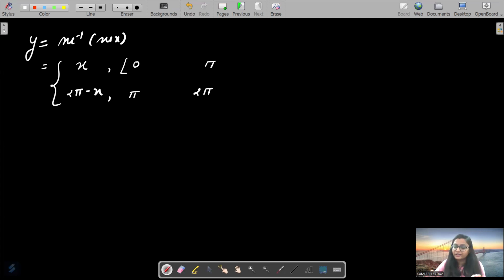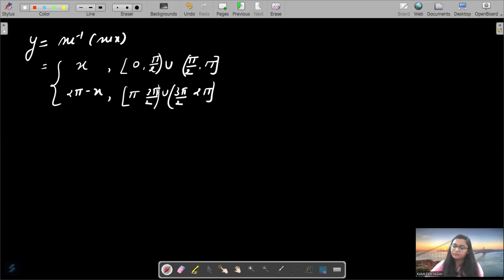Similarly I write here in the form of cos inverse x. Okay, see very carefully: pi by 2 and pi by 2 in open interval union format, and 3 pi by 2 and 3 pi by 2. I'm going to tell you why I write this format.